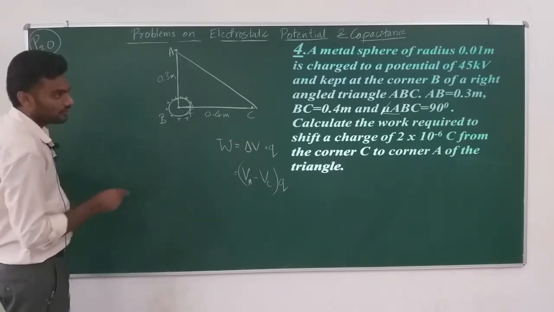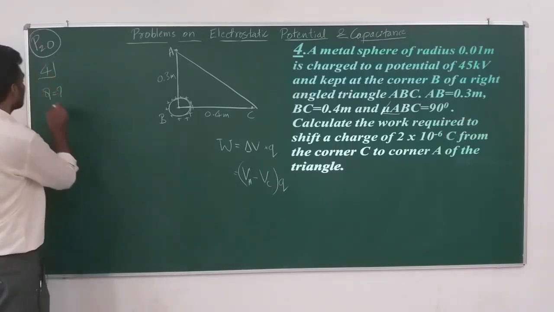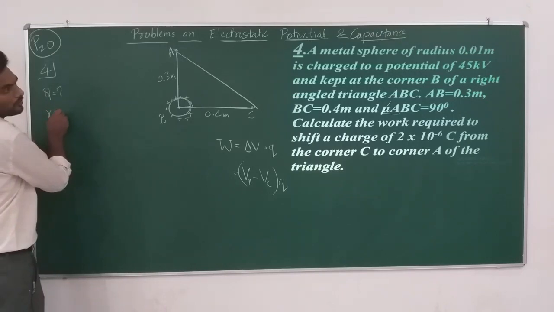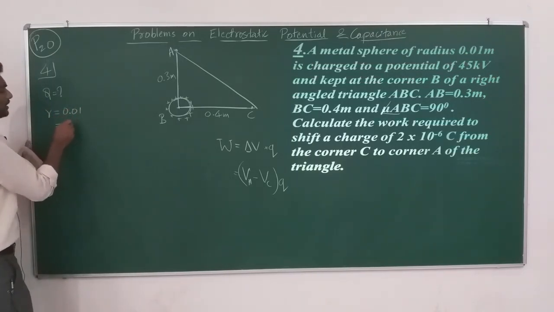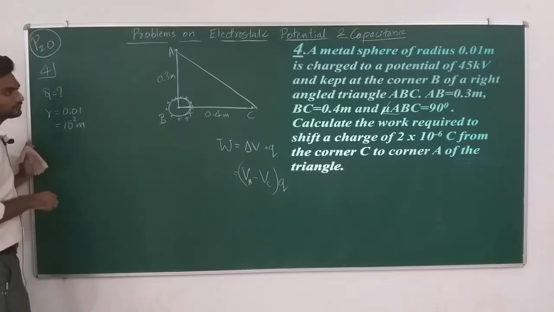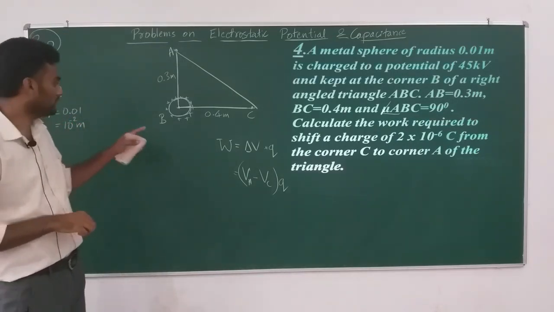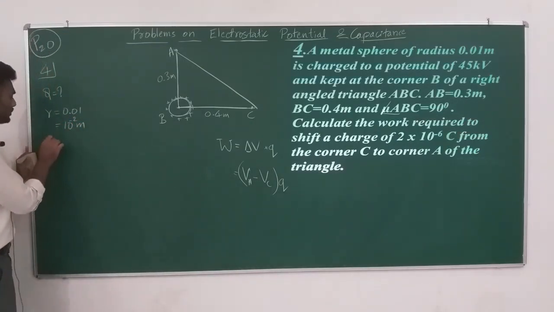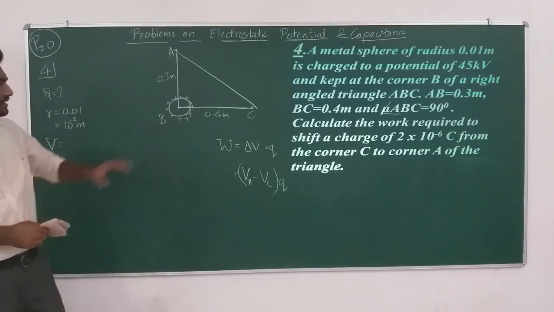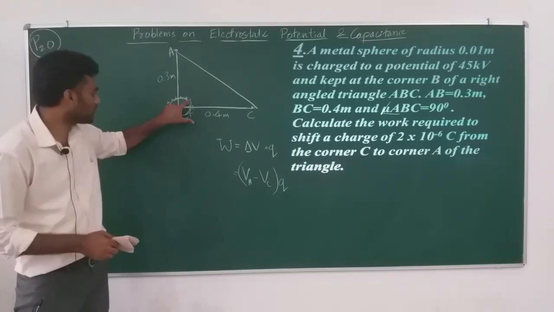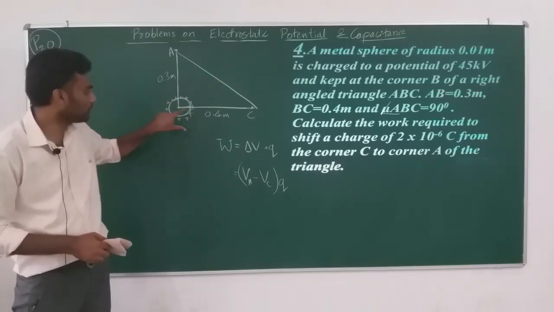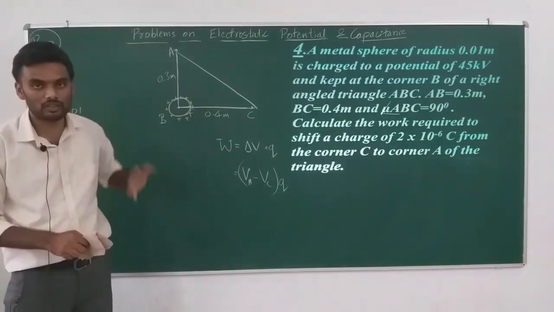The radius of the sphere is given, which is R equal to 0.01 meter, which I can write as 10 to the power of minus 2 meter. This is the radius, and V is the potential to which it is charged, which means V is the potential at this point, this point, this point and inside, which is 45 kilovolt.